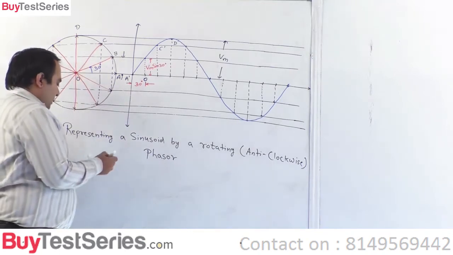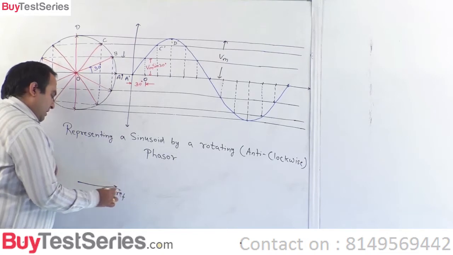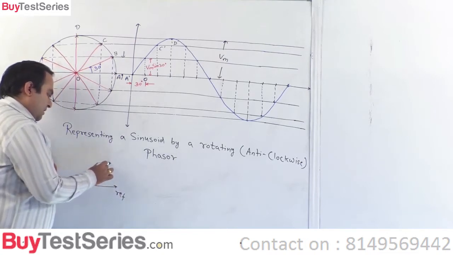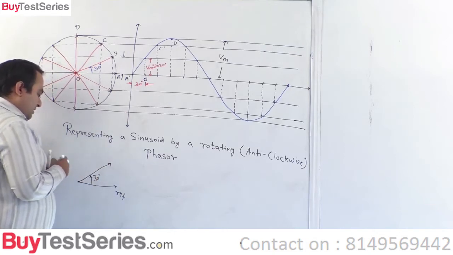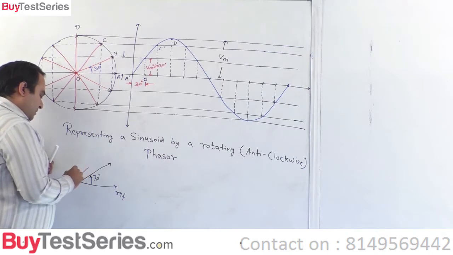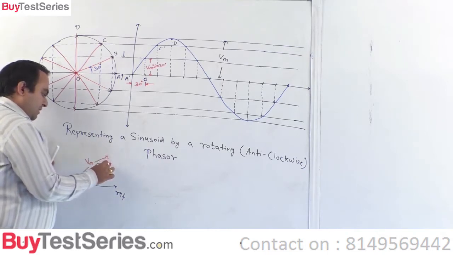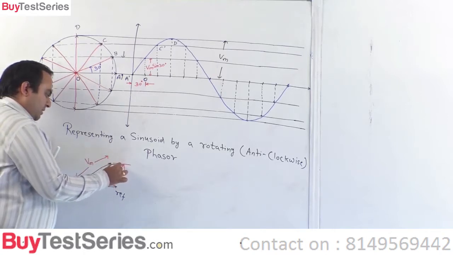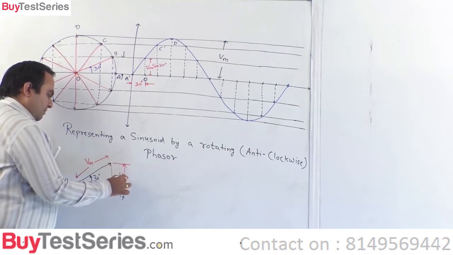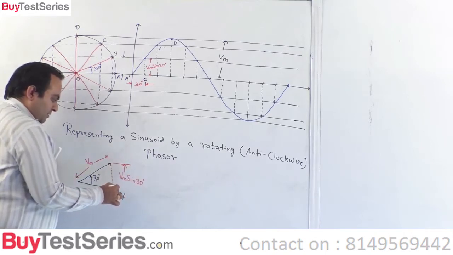See, it's like this. If you have this as your reference, and this is say angle 30 degrees, and this height is Vm, then this height must be Vm sine 30 degrees.